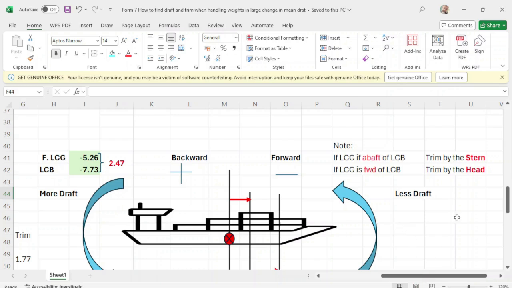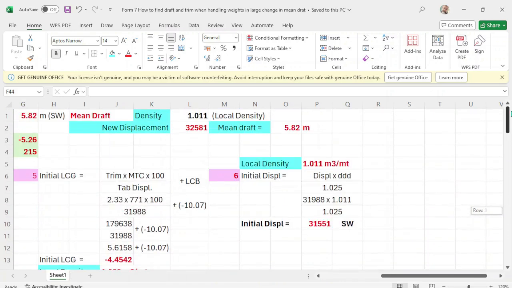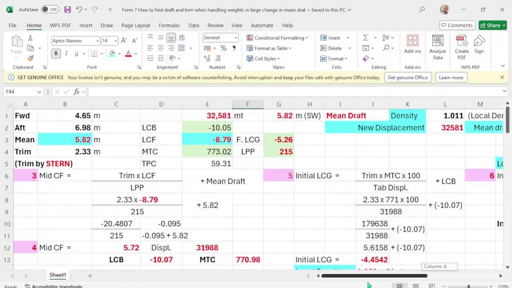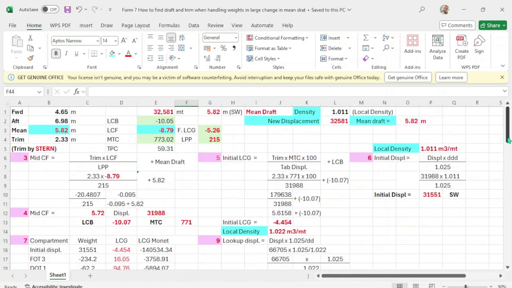That is what I want you to think about and study this diagram. Okay, but first thing I want you to do is to follow this procedure from 1, 2, 3 and until 13.